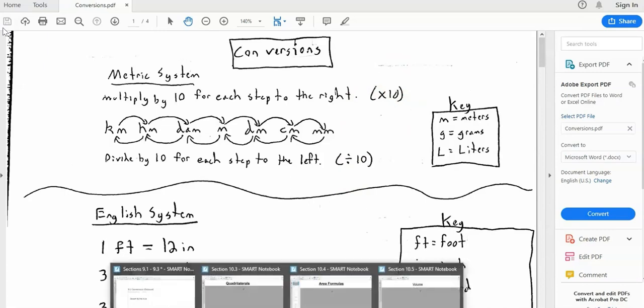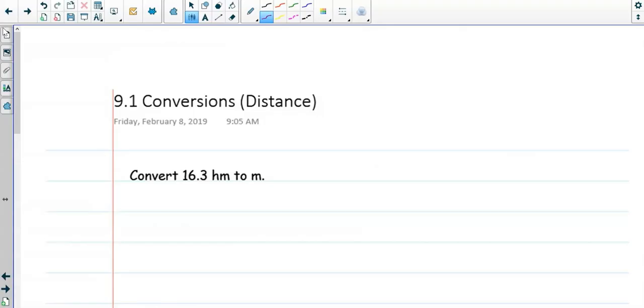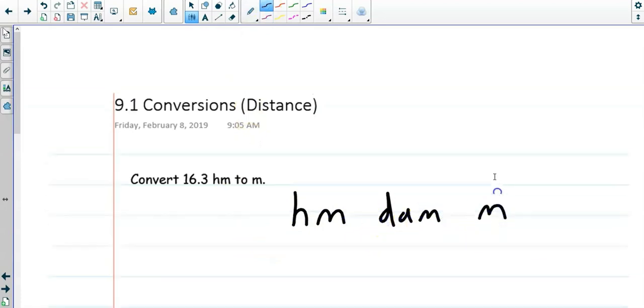So this one, I don't really use any multiplying of fractions. I either just write out how many times I have to multiply by 10, or I write out how many times I have to divide by 10. So again, in here, we're going from the hectometer to the meter.